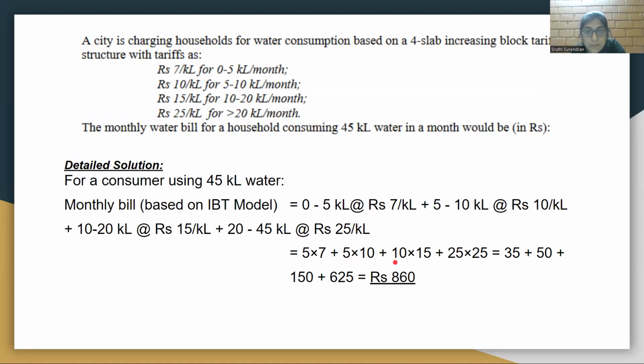Then again, totally if he uses 20 kiloliters, the first 10 kiloliters are charged according to the first two slabs, and the third 10 kiloliters that he's using will be charged according to the third slab. What is remaining out of 45 is 45 minus 20, which is 25 kiloliters. So 25 kiloliters will be charged according to the fourth slab. So when you totally calculate, the bill he will be getting is 860 rupees.